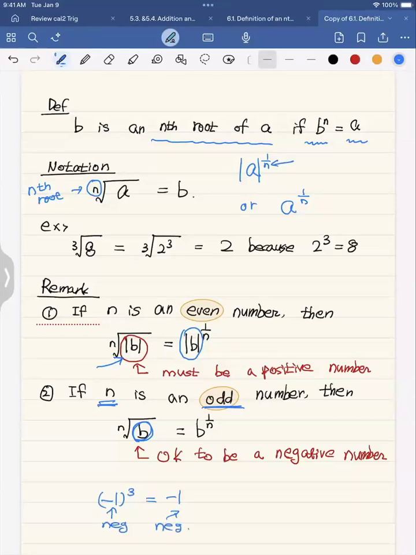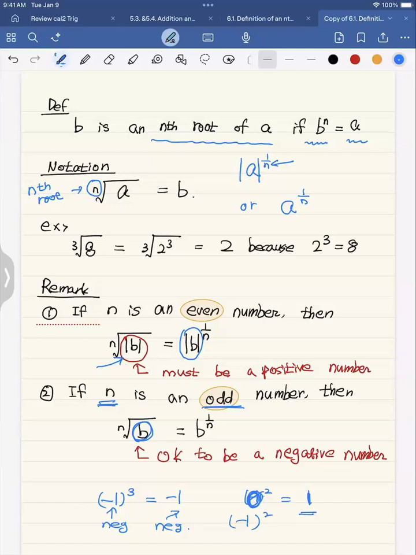But when that's an even degree power, when we raise to the even degree power, this must always be positive, right? No matter what the base number is, even if that is a negative number, when we raise to the even degree power, we end up with a positive number.